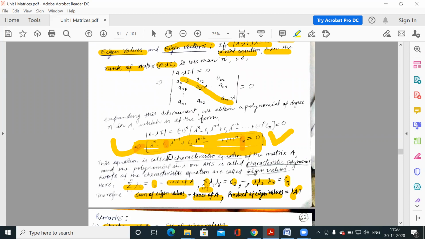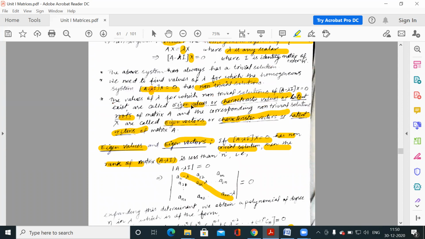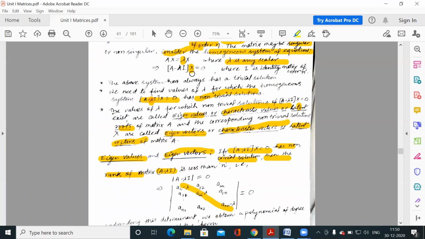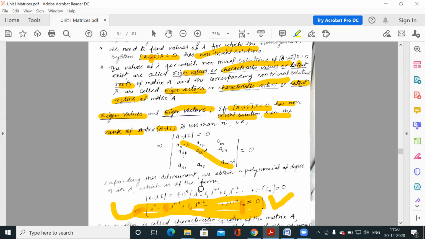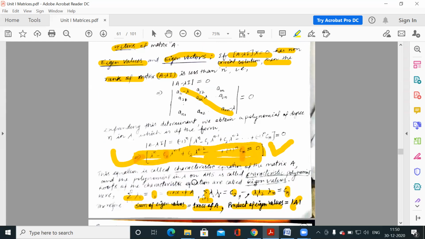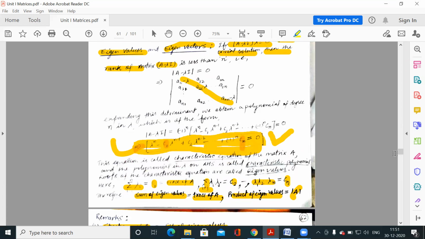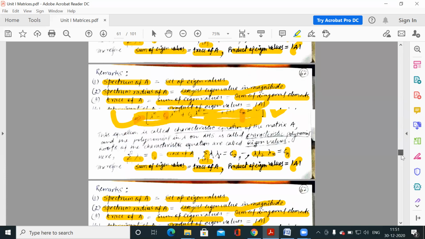Then with respect to each eigenvalue, we have to find one non-trivial solution of this system, which is called the eigenvector corresponding to the eigenvalue lambda. So this is the eigenvalue problem. We will solve some questions.